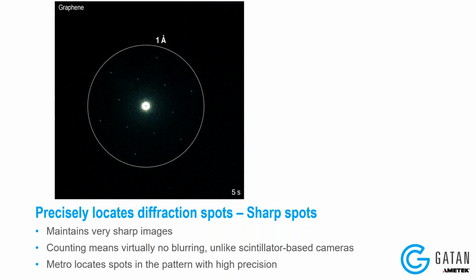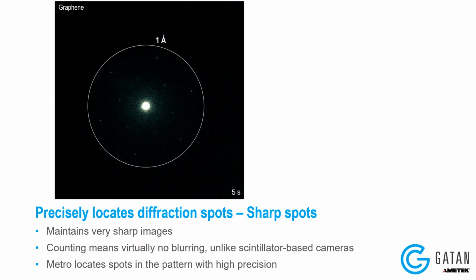Another feature of the camera, because we're doing counting, because again, we take a distribution of charge that's deposited by each electron and convert that to a single pixel with a single electron event. This means that the images can be very sharp.